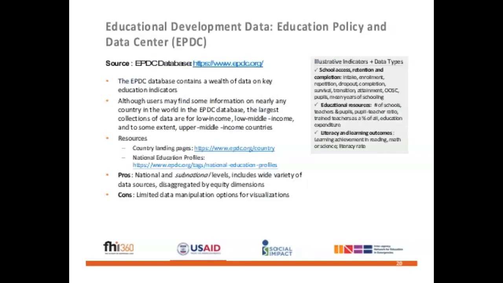It includes administrative, household, and assessment data. EPDC's unique benefit is that it provides subnational level data and can be disaggregated by equity dimension. However, one of the cons is that the country level visuals are pre-specified and there are limited options for manipulating the data.